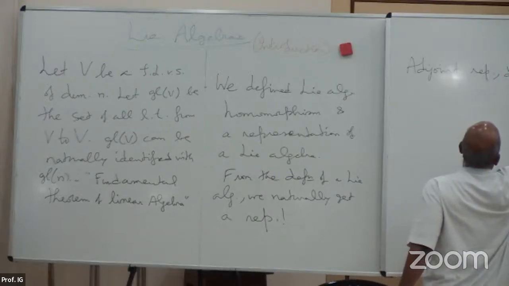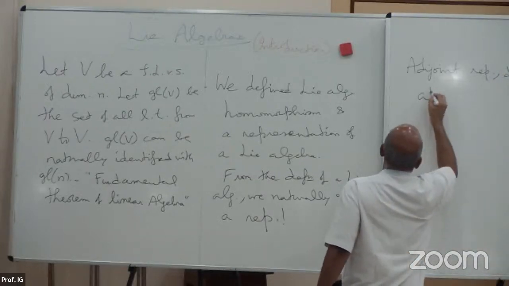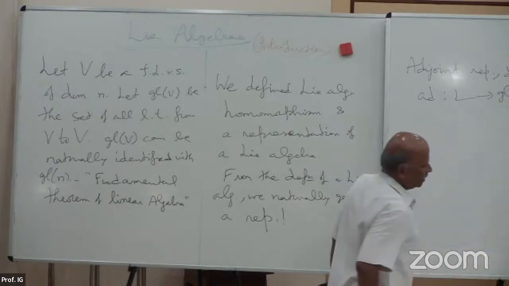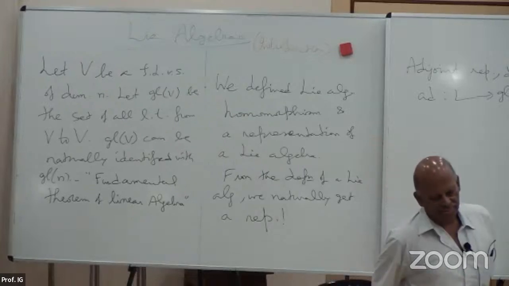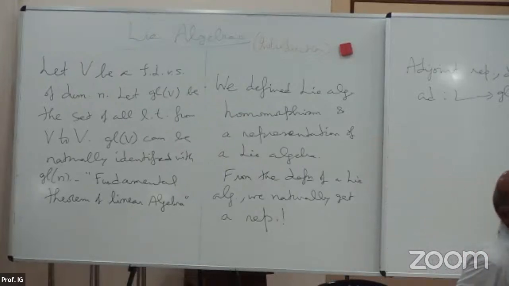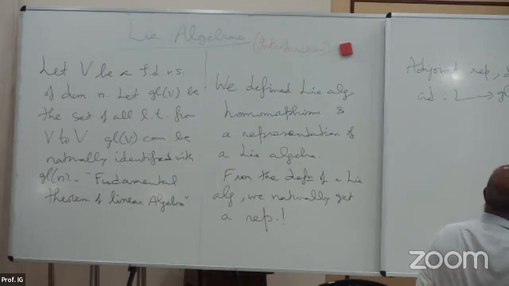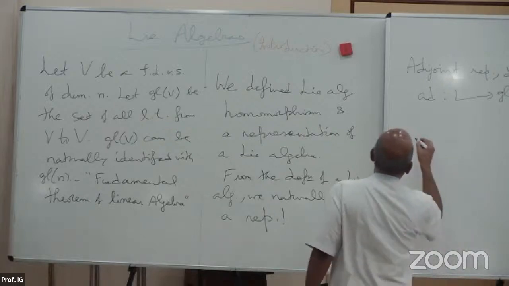Denoted by ad. This is going to go from L to GL(L). So L is our Lie algebra, and the interesting thing is it has a representation in GL(L) itself. We don't have to look for anything bigger. ad is going from L to GL(L). What's the definition?